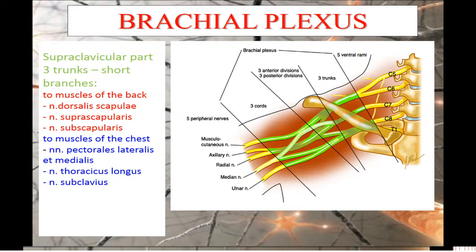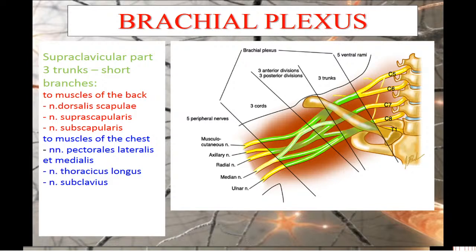Another group of branches supplies the regions of the chest and is represented by the lateral and medial pectoral nerves, supplying the pectoralis major and pectoralis minor muscles, and the long thoracic nerve, something confusing: a short branch, but called long thoracic nerve.